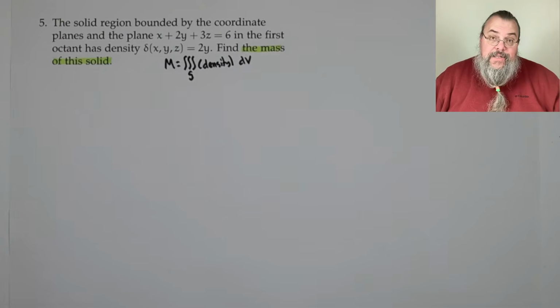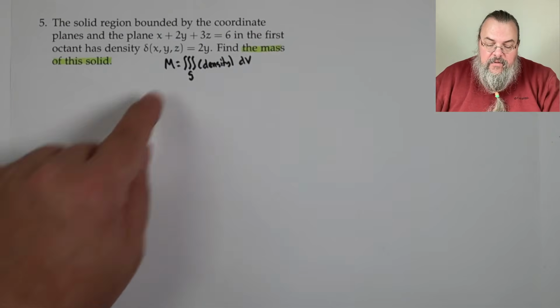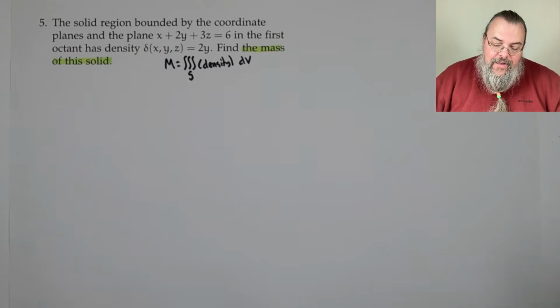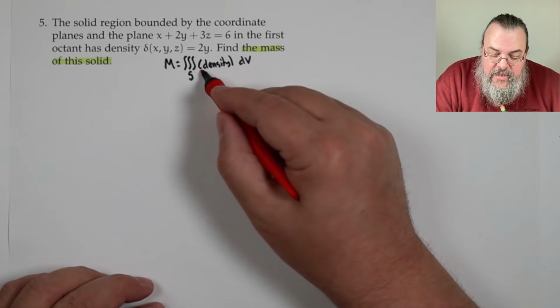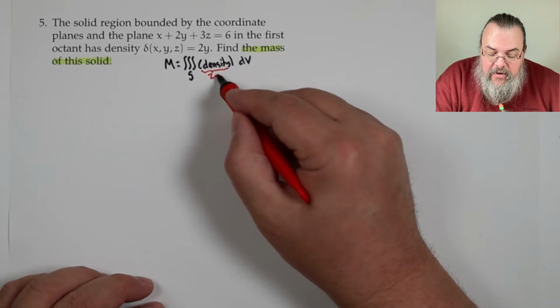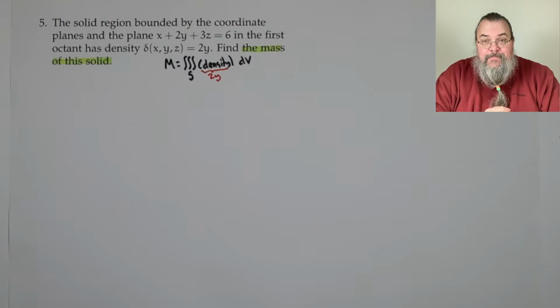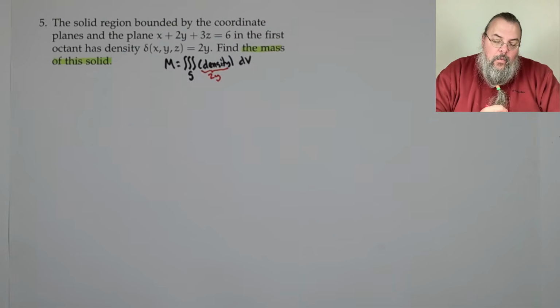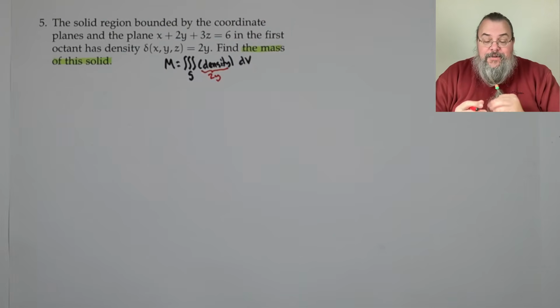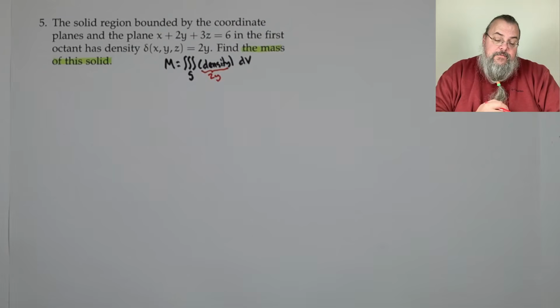And we know our density explicitly, it's given to us, it's 2y. So this is going to be more than just a setup. It's the carrying out that's going to make it the most interesting. All right. Well, since it's a triple integral, we have choices to make. And namely, how do we integrate?